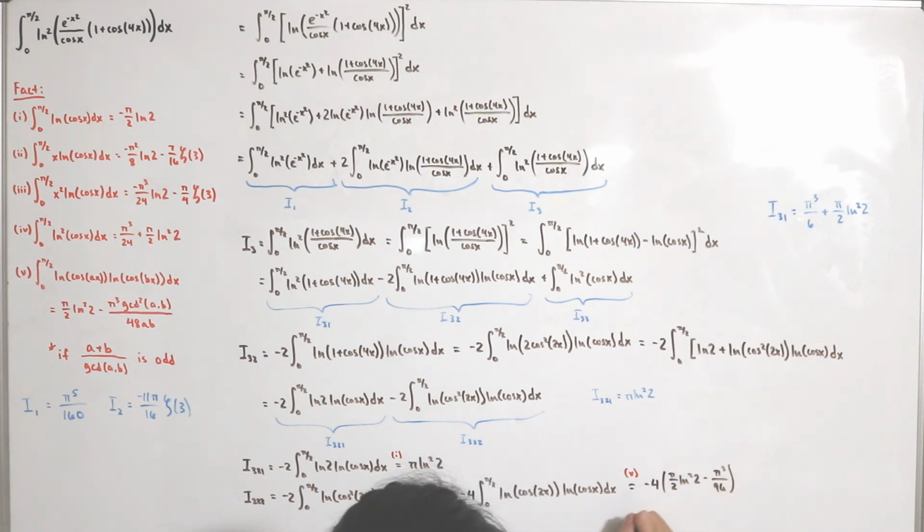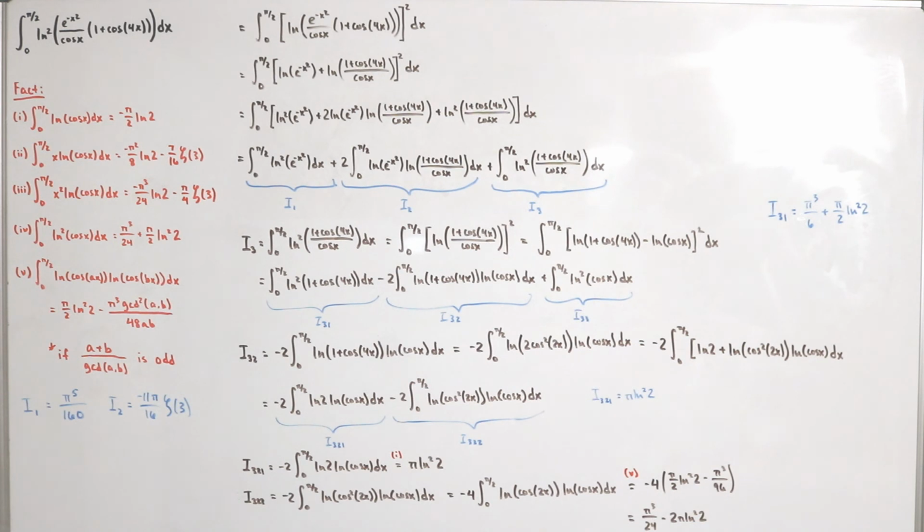Okay, and then that's simply equal to, so simplifying this out, we get pi cubed divided by 24, and then minus 2 pi ln squared 2.